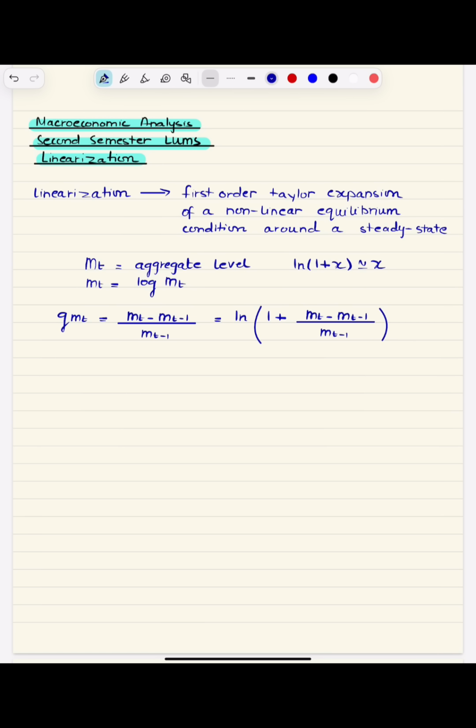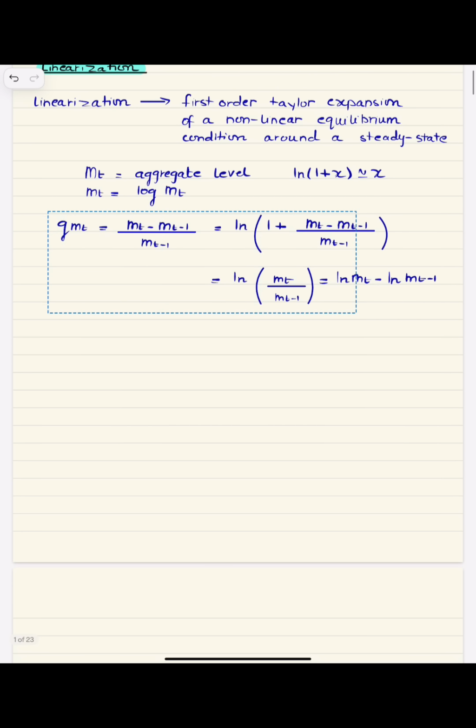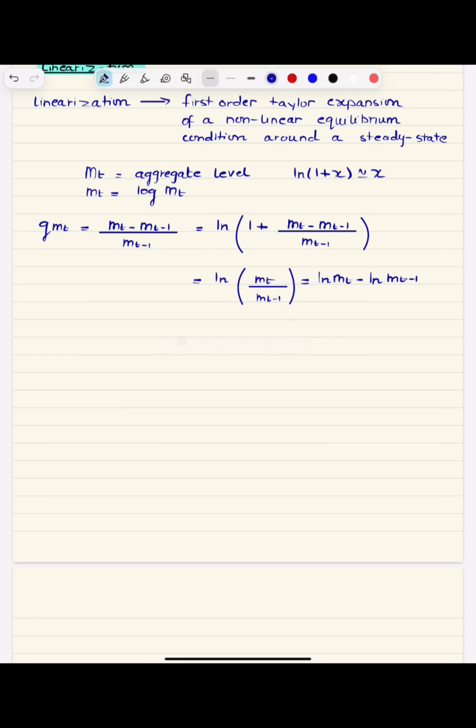When we open this ratio up and make the common denominator, I'll be left with m_t over m_{t-1}. Therefore, whenever you see log m_t minus log m_{t-1}, you understand automatically that that is the growth rate of that variable.